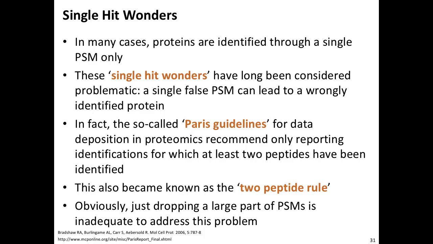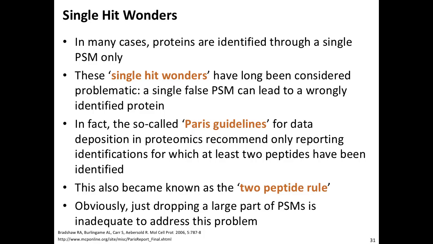Historically, people have talked a lot about how to deal with that problem. And there was a very pragmatic approach that was actually written down in the Paris Guidelines for Data Deposition in Proteomics, where people said, discard these single-hit wonders. So if you have a protein that is supported by only one peptide, discard it. You should not report it. That is not a good idea.